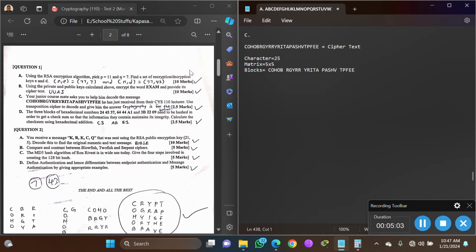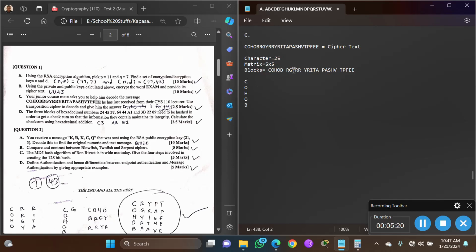So they are saying transposition cipher. What you need to do is drop this first block. The first block was C O H O, then B, like that.